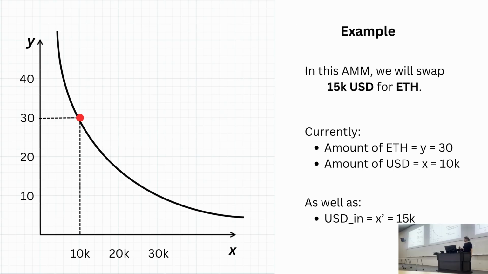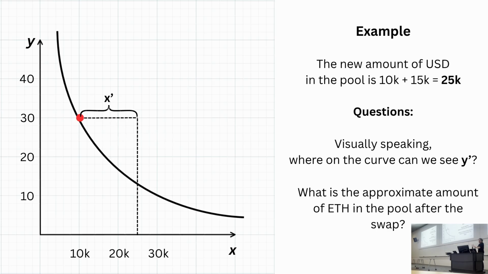Let's go over an example to actually harden this intuition better. Let's say the initial state is the same. Let's say that you want to swap $15,000 for ETH. So currently the amount of Y is equal to 30, X equals 10,000, and X prime is going to be 15k.